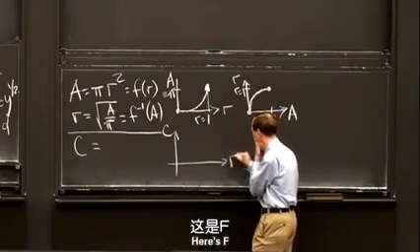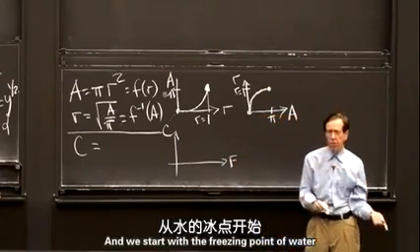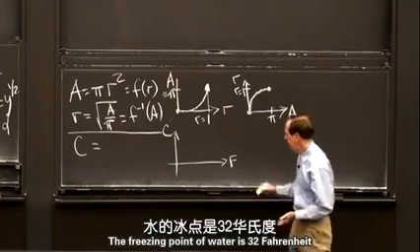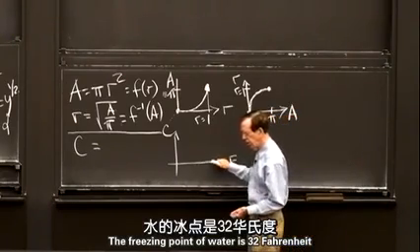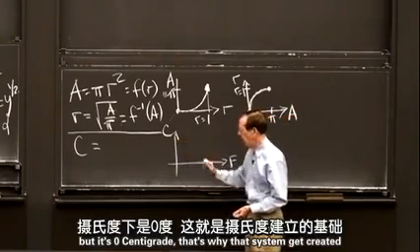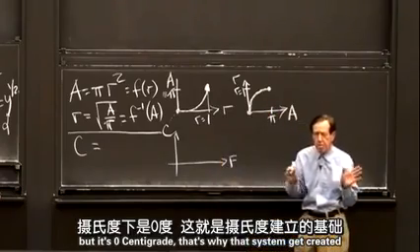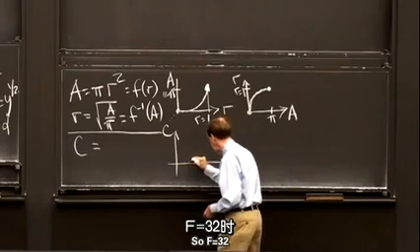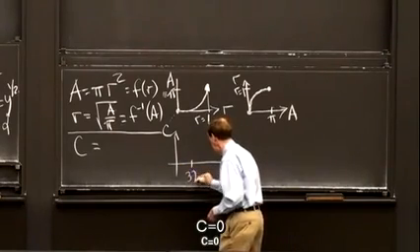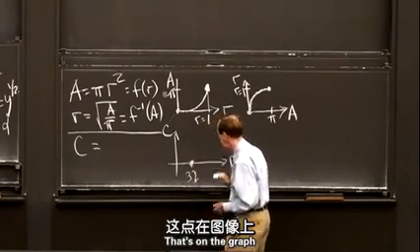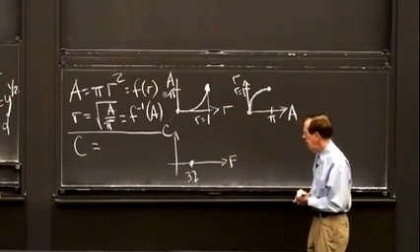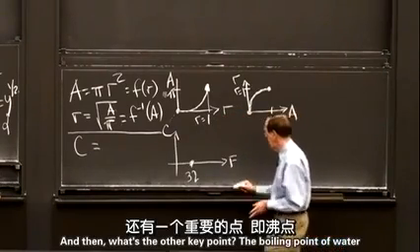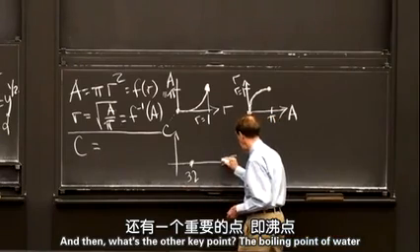Do you remember how they're connected? Here's F, and we'll start with the freezing point of water. The freezing point of water is 32 Fahrenheit, but it's 0 centigrade. That's why that system got created. So F equals 32, C equals 0. That's on the graph. Okay, and then what's the other key point? The boiling point of water.